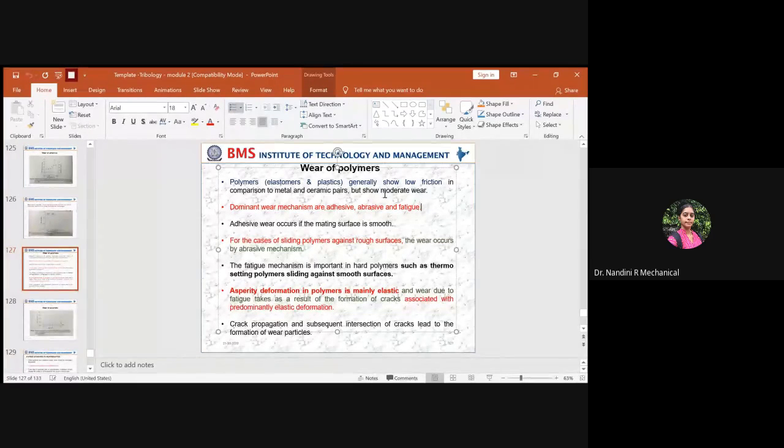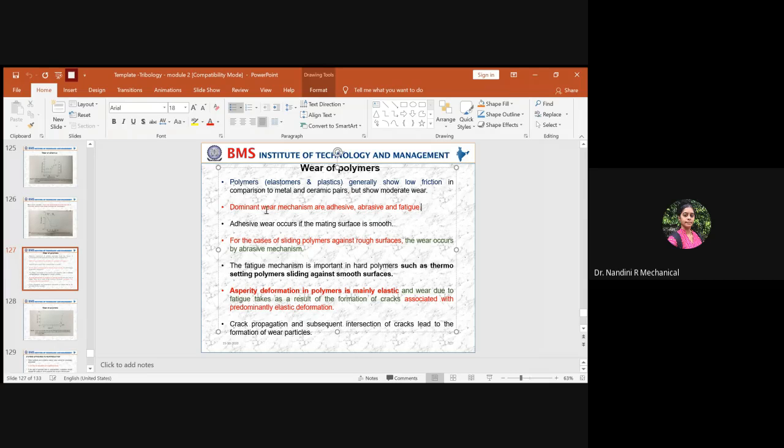But the amount of wear it shows is moderate. It is not low. Even though the friction is lower in comparison to metals and ceramics, the wear that comes into the picture in case of polymers is of moderate range.